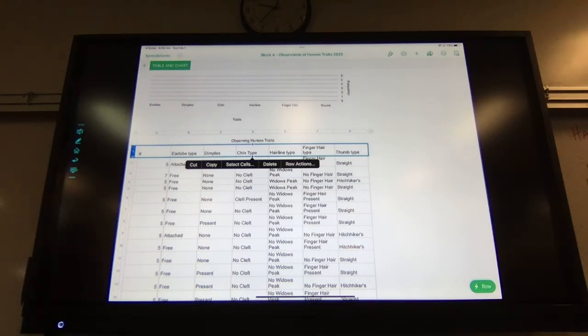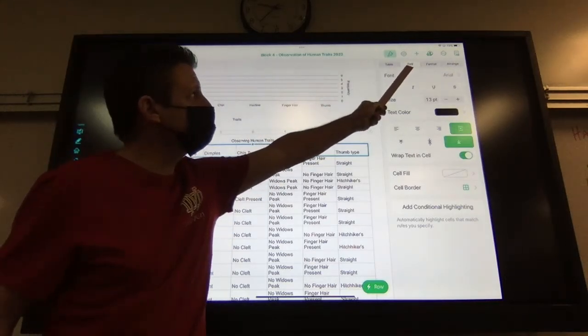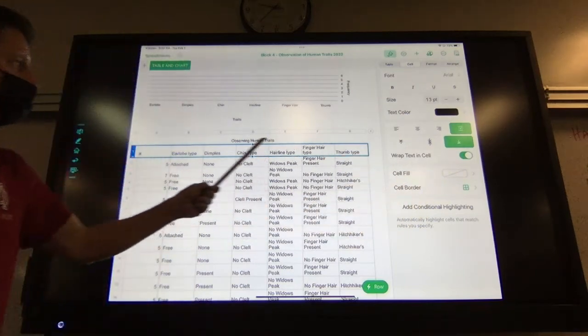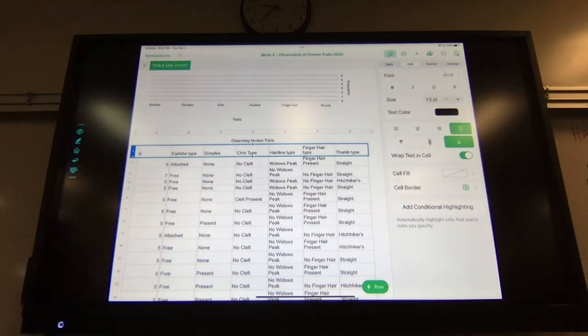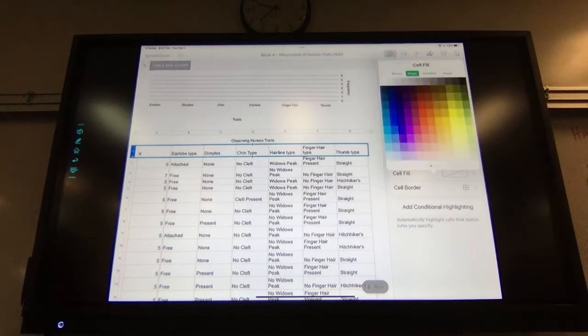Remember the paintbrush up at the top? I'm going to ask for you to click over to the word cell up at the top. Once you click on the paintbrush, make sure you're on cell, and then it says cell fill. So we're going to make that heading kind of pop out with the color. And it's on presets, which are grayscale, and you can click on the word color, and then you could make this any color you want.